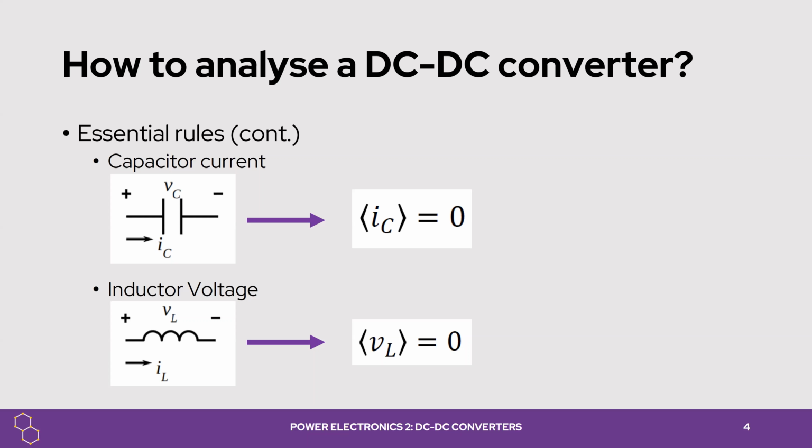Our fourth rule is finding the inductor voltage in PSS condition. Similarly, in PSS, the initial current and ending current in a periodic cycle across an inductor are the same. So this shows that the average voltage across an inductor is 0.